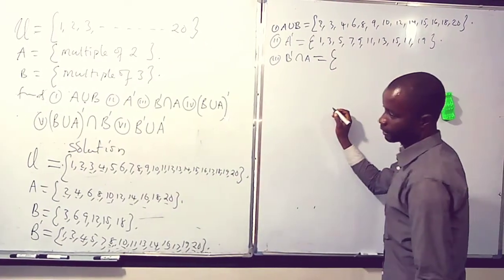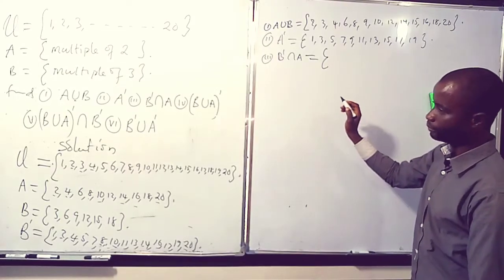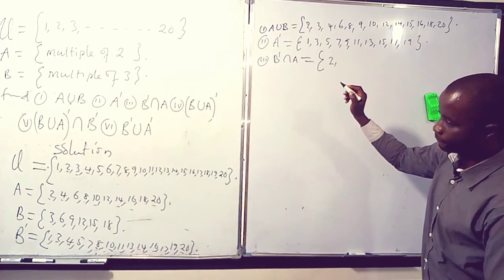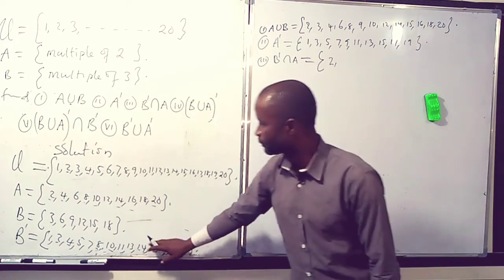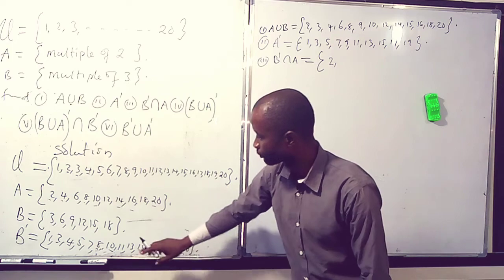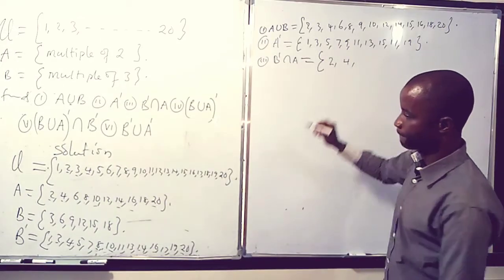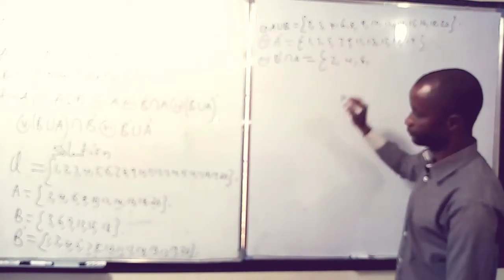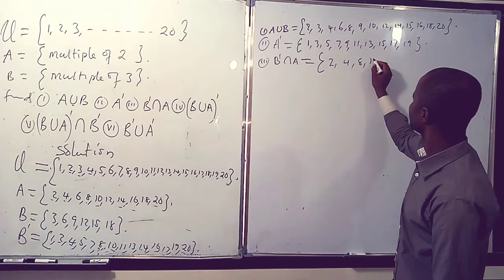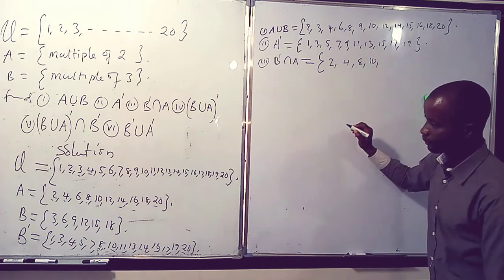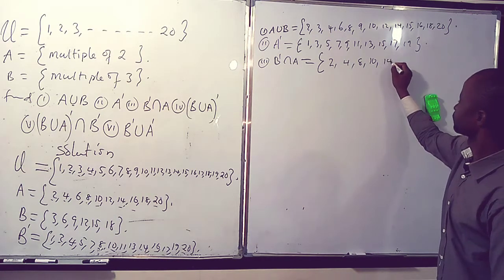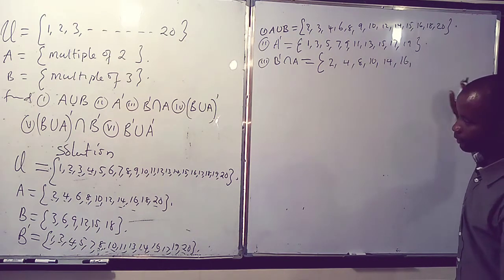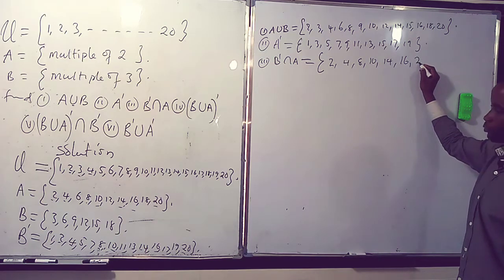B prime intersection A, we have 2, 4, and then we have 8, and then we have 10, and then we have 14, we have 16, and then we have 20.